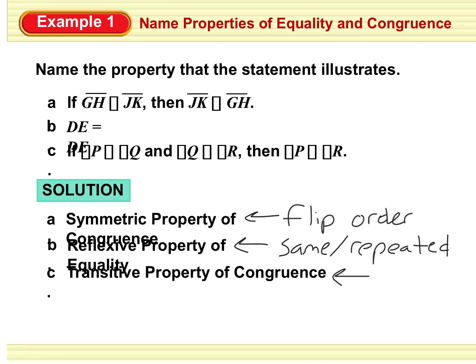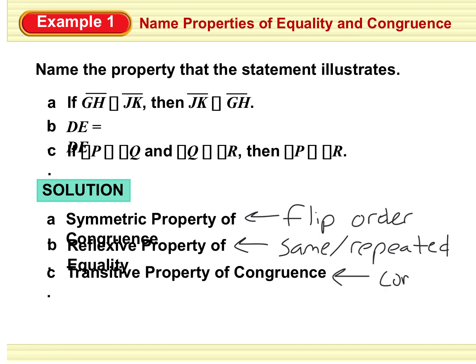What's the same about those? They both have Q in them. Okay, now look at our then statement. What do you know about angle P and angle R? They're the same. Why are they the same? Because they're both congruent to Q, so that would be transitive.